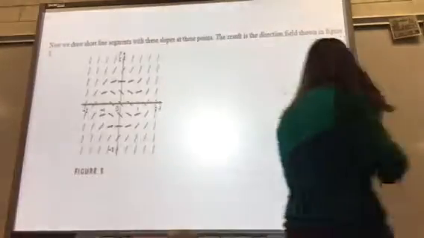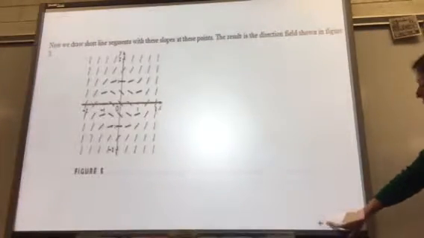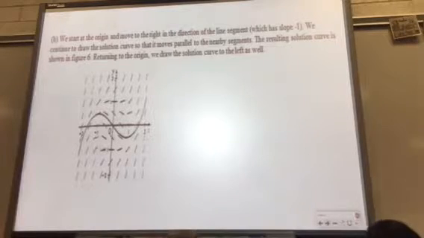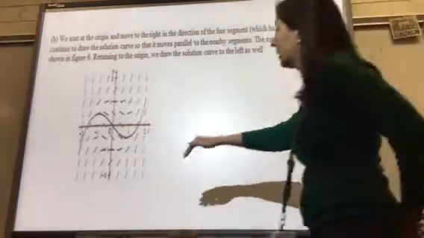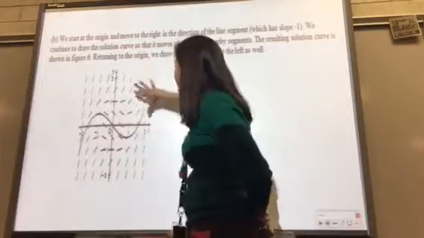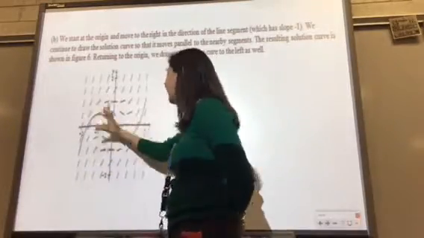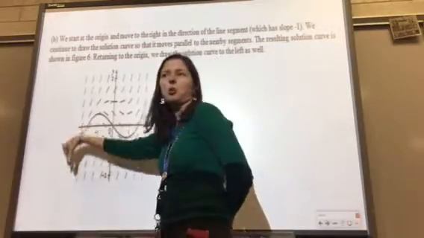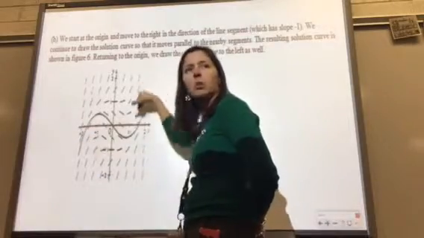So let's talk about drawing something. So if they ask me to actually sketch a solution through the origin, then can we agree that my general waves are telling me that it needs to be some kind of like an x cubed? Do we agree with that? Okay?